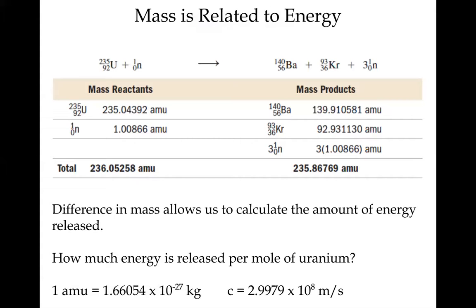That's about 17 billion kilojoules, right? And highly exothermic chemical reactions produce upwards of 1,000 kilojoules per mole. So as you can see, fission is orders of magnitude better at producing energy than chemical reactions.